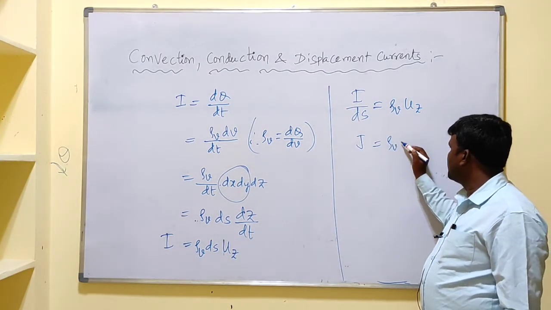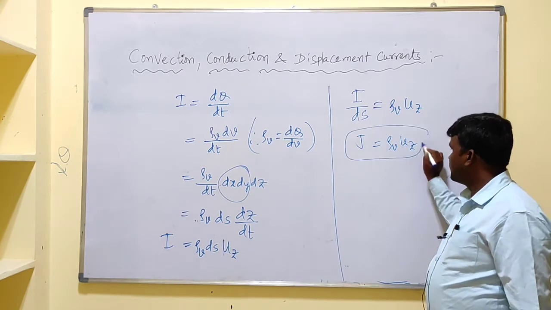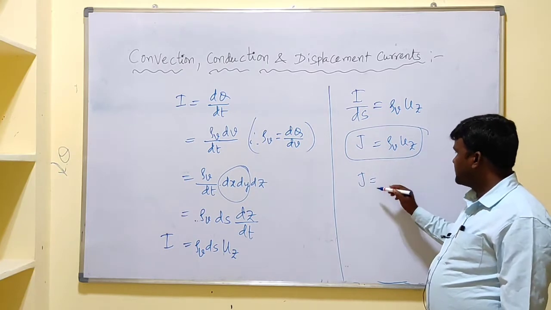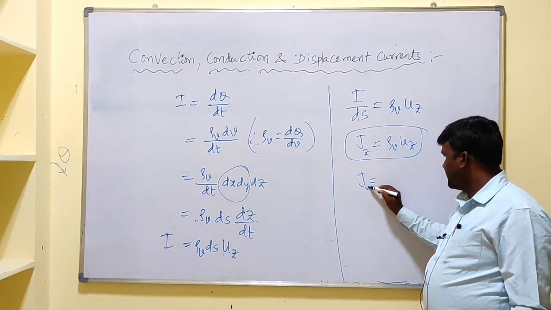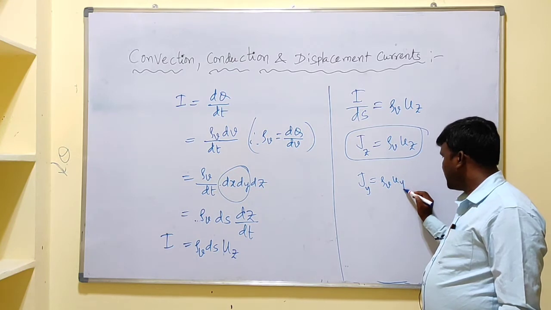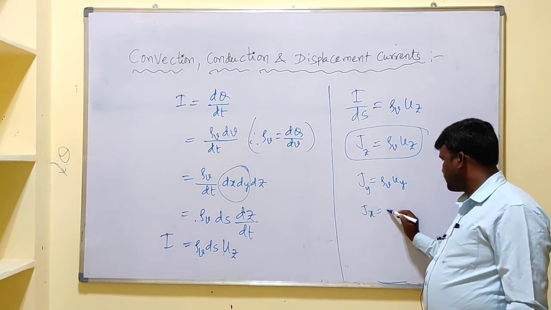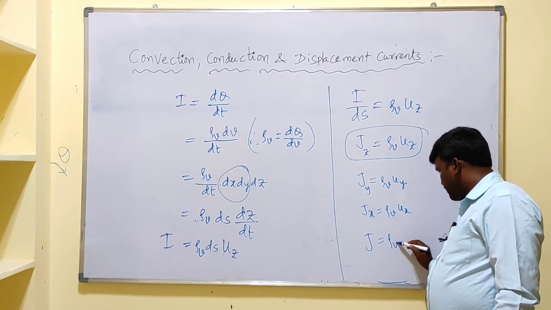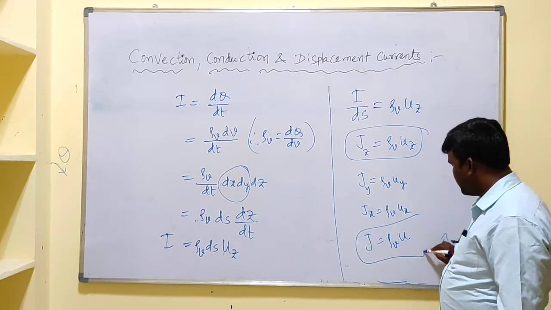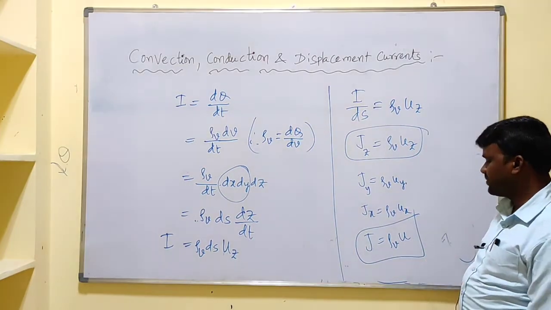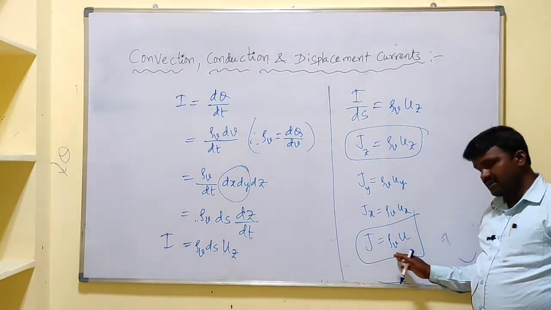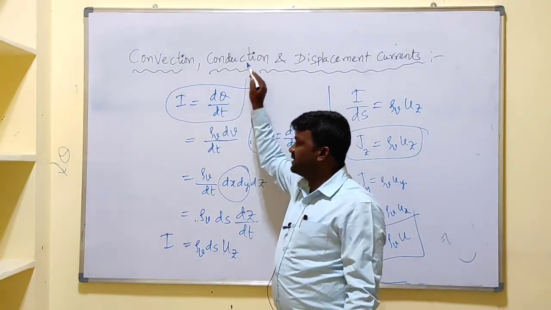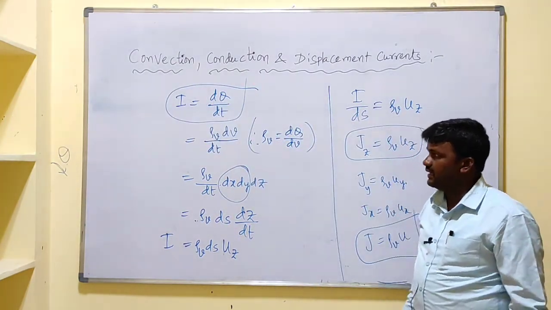If current is along the z direction, J is rho v into uz; along the y direction, rho v into uy; and along the x direction, rho v into ux. In general, the expression for J is rho v into u. This is the general expression for current density, from the definition of current, I equal to dq by dt.